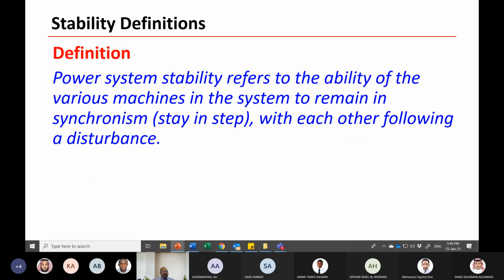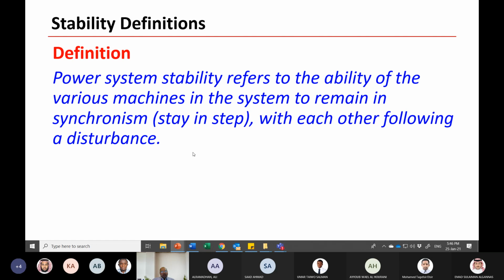The stability definition in general, whether it is steady state, dynamic, or transient, is the ability of the power system, or the machines or generators in the power system, to be kept in synchronism. All the synchronous machines are moving together.